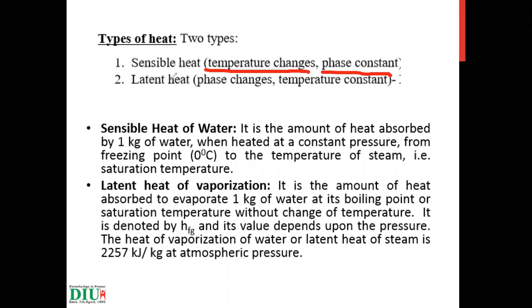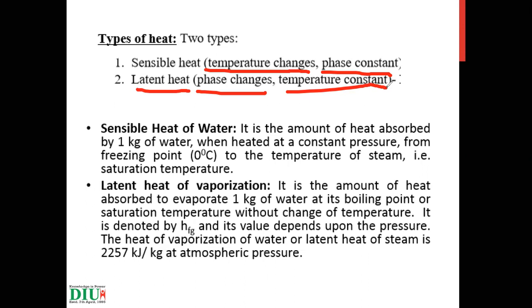And what is latent heat? We discussed it in the last class, but still: in latent heat, the phase changes but the temperature is constant. That means the phase of the material will change. The solid will become liquid, the liquid will become gaseous. So the phase changes but the temperature remains constant.